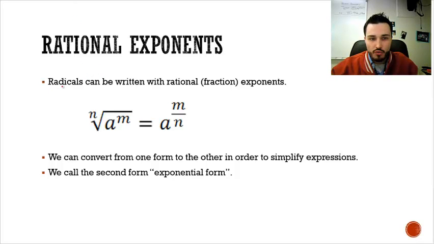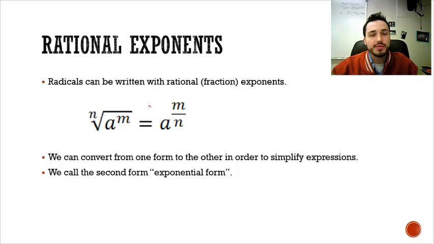Now, radicals, which again is just another word for square roots, or roots in general, can be written with fraction exponents, rational exponents. And the way that you go back and forth between the two is shown right here, where n is the index, m is the exponent.